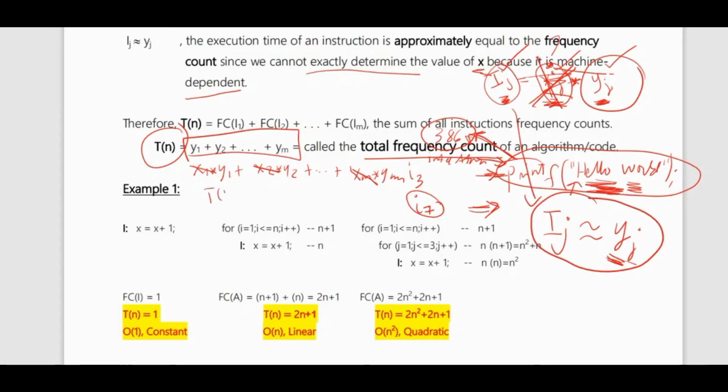T of n now is just the summation of yj, where j is from 1 to m.